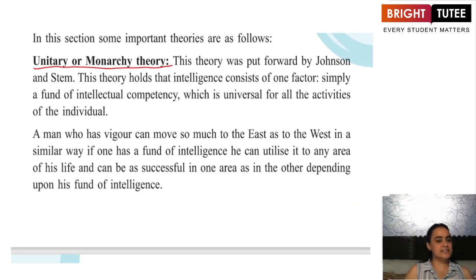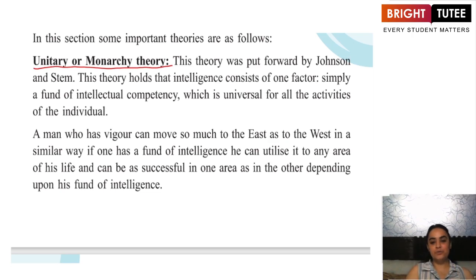It means, let's say, if a person is intelligent, no matter what task is given to him, be it related to cooking, driving, some tools, some science, or writing, he will be able to do it all. This is what, in layman's language, I can describe as the unitary or monarchic theory.